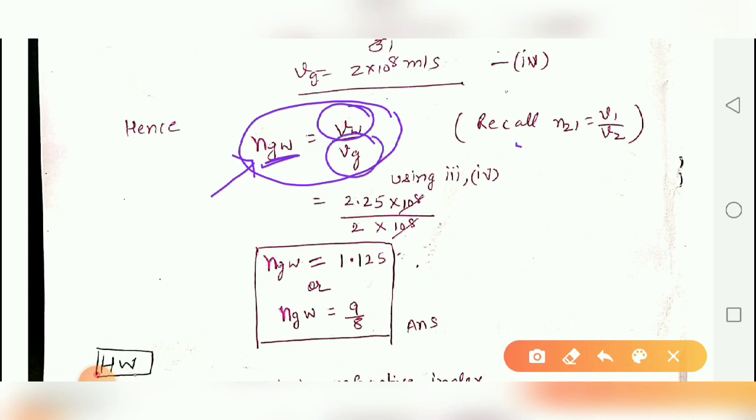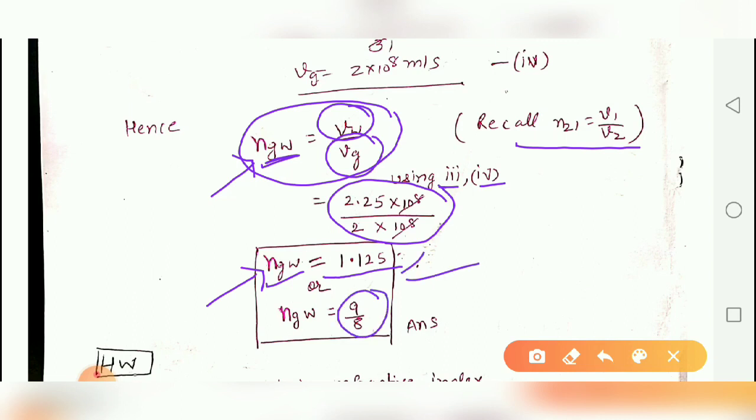We have to recall this, and by using 3 and 4, when we put in the values, we get the refractive index of glass with respect to water as 1.125 or 9 upon 8. It has no unit because it is a refractive index. So in this way we can find the value of any refractive index.